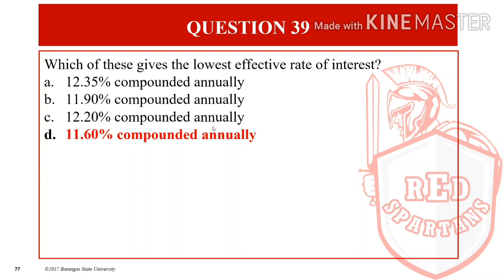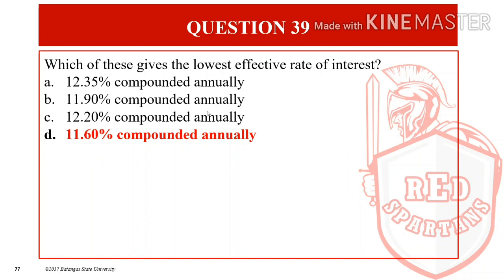So kapag same naman yung kanyang compounding, i-check nyo na lang yung lowest na interest or percentage. Kasi kapag ginamit mo yung effective rate of interest, ito din naman yung lalabas na pinaka-lowest effective rate of interest.